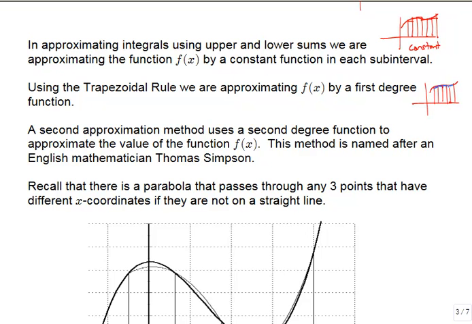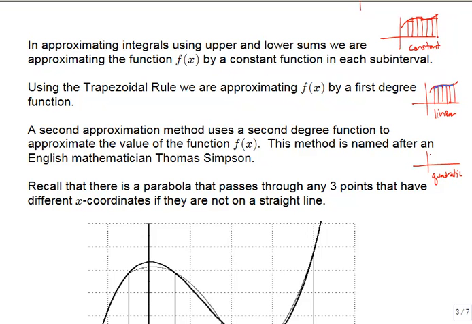So we're finding the best little line that fits between those two endpoints, as opposed to up here where we were finding the best constant, which approximates the curve. So here we're using constants, here we're using linear functions. In our second approximation method that we're going to talk about today, we're actually going to be using quadratic approximations.